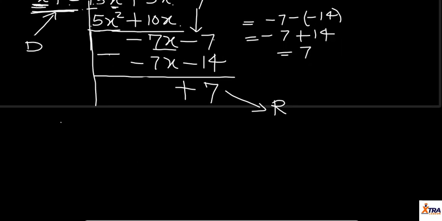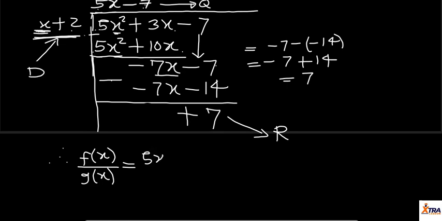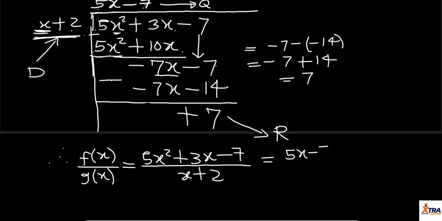So I can tell you that, therefore, f of x divided by g of x, which is 5x squared plus 3x minus 7 divided by x plus 2, will give us what? Will give us 5x minus 7, which is the quotient, remainder 7. So that is the process of division of polynomials.